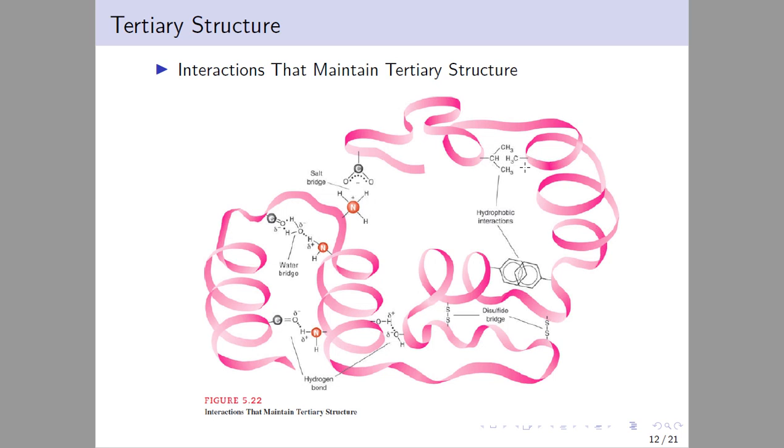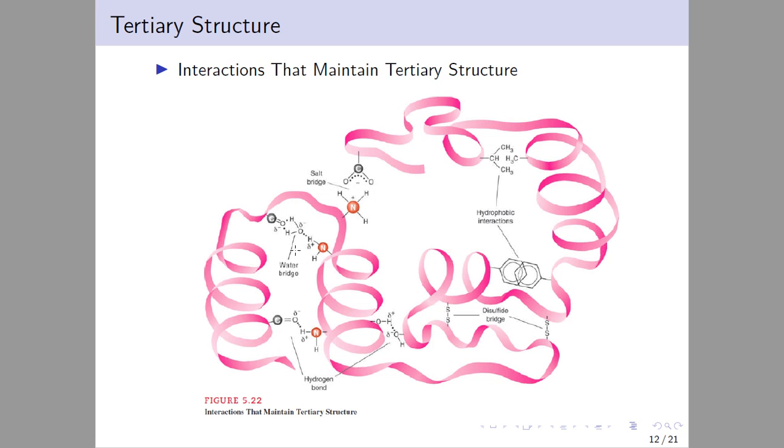You can see here CH3, so it becomes a hydrophobic interaction. And this one is a salt bridge, so it becomes positive and negative.